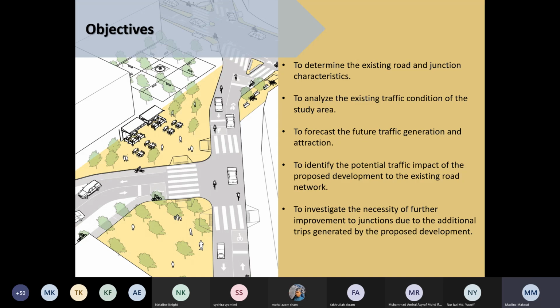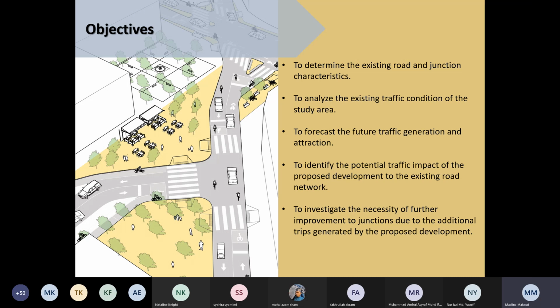The objective that we want to achieve when conducting TIA is we want to determine the existing road and junction characteristics in the study area. So this includes the type of road, the number of lanes, and the type of junction. For example, is it a signalized junction or is it an unsignalized junction?